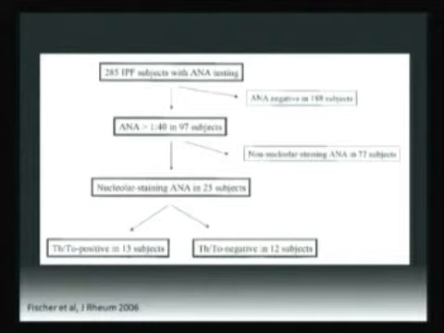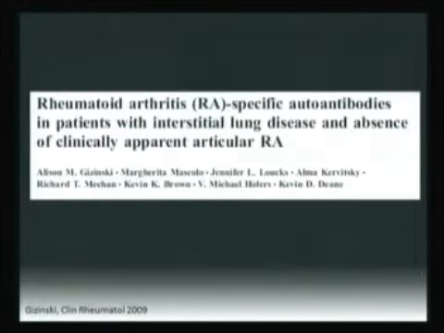So that means that all of these tests may be useful, but they are sometimes completely non-specific. And this is a study that has been published in 2009 on specific antibodies against rheumatoid arthritis in patients with ILD, again showing that these autoantibodies can be quite non-specific in the clinical practice of patients.